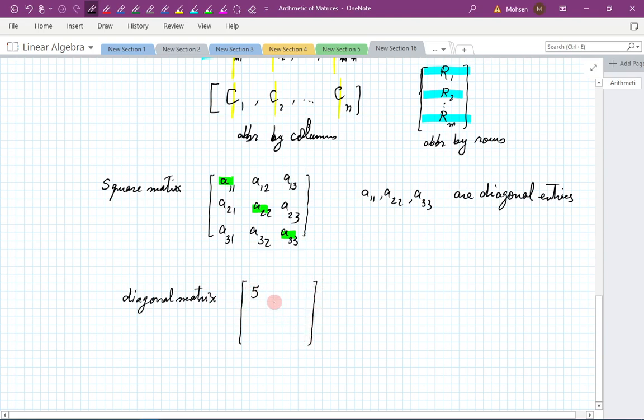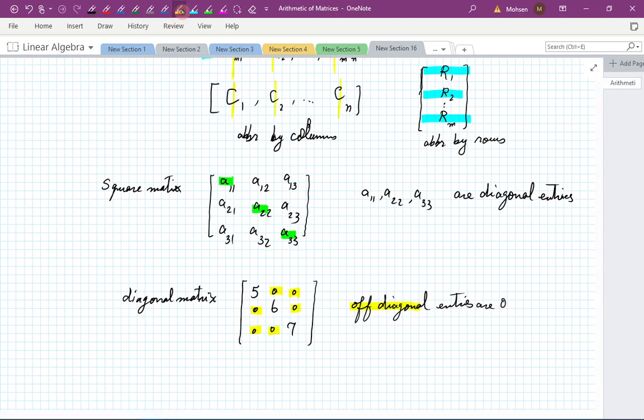So if I had 5, 6, 7, but these other entries were all zeros, these entries are called off diagonal entries, and they are 0. So diagonal matrices, as we said, are the friendliest matrices we can have. On lucky days we are dealing with diagonal matrices.